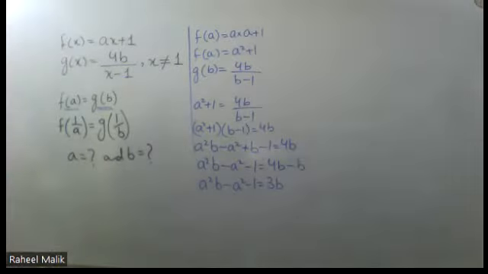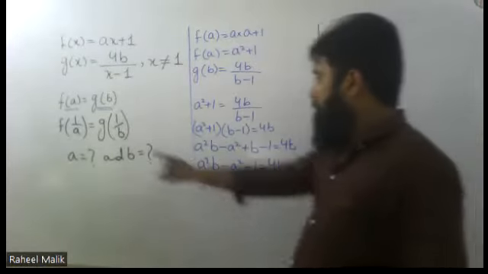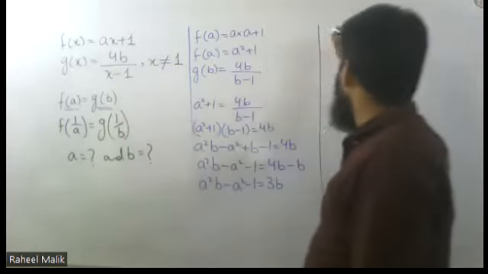First of all, I will work with my second scenario, and then I will see how I can simplify this one. My second scenario says f of 1 over a equals g of 1 over b. f of 1 over a.